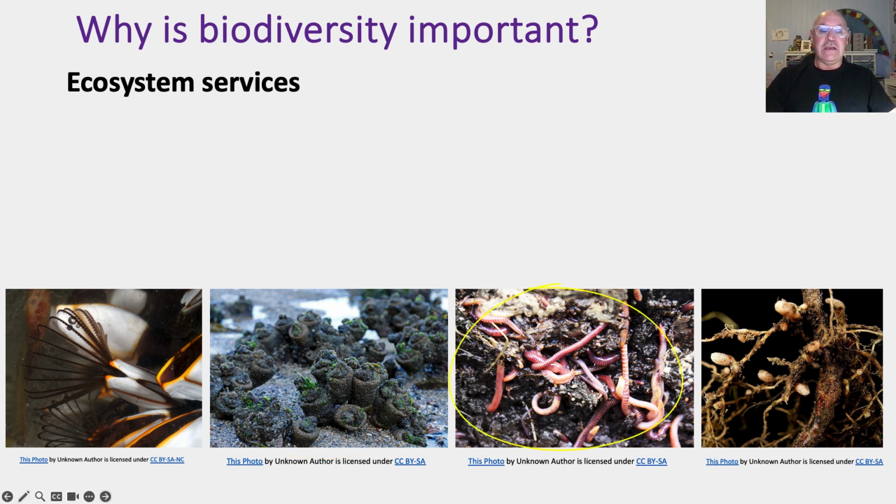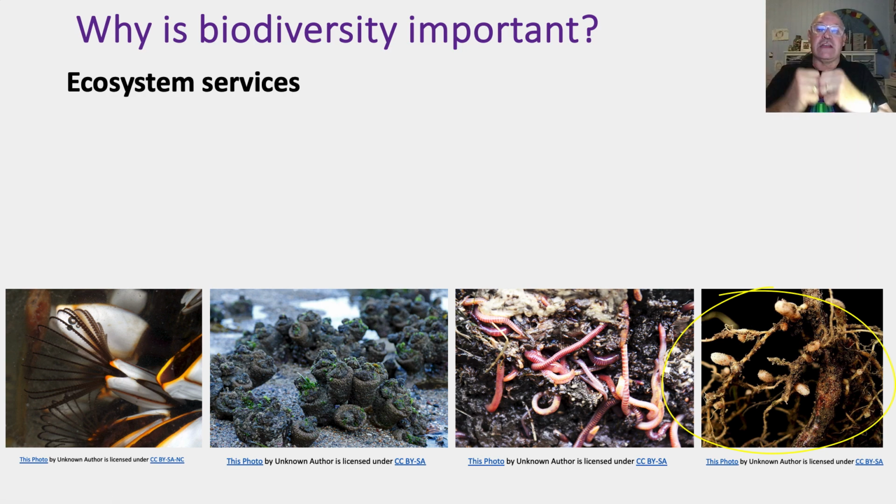We have worms here that have a number of different roles. Firstly, they're decomposers, so they break down dead organic matter and detritus. But as well as that, they also break up and aerate the soil. And here we have nitrogen fixing bacteria. So they're in the nodules in the roots of plants, and their role is to fix nitrogen.